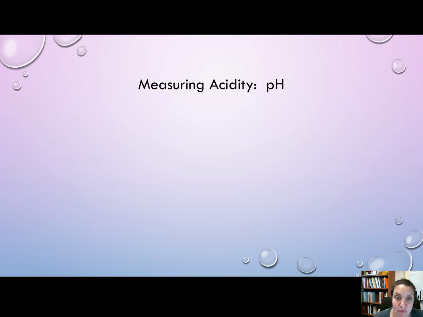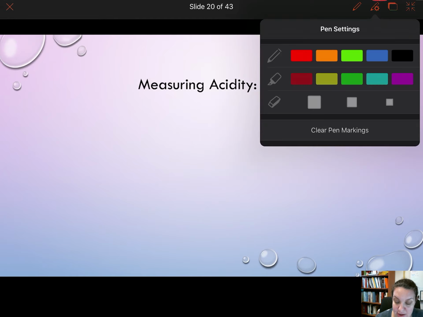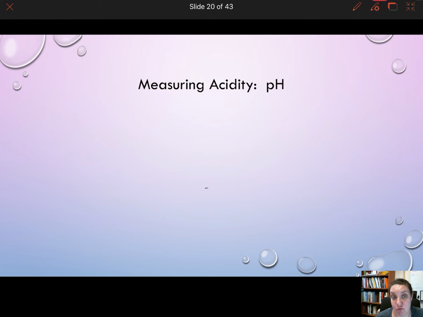Okay, so first let's look at what pH is. It is a measure of acidity, so it basically tells us how much acid, or hydronium, we have in our solution.